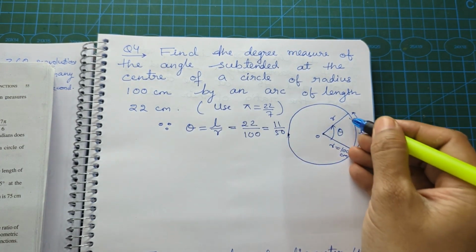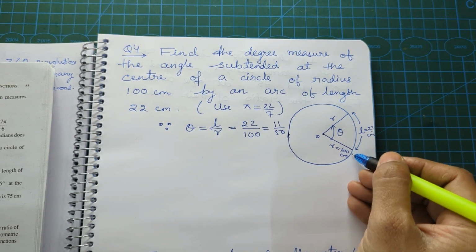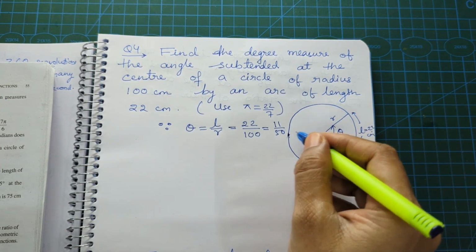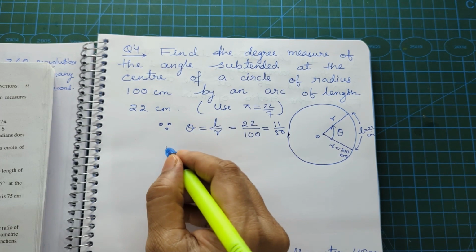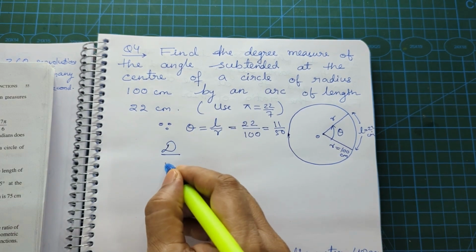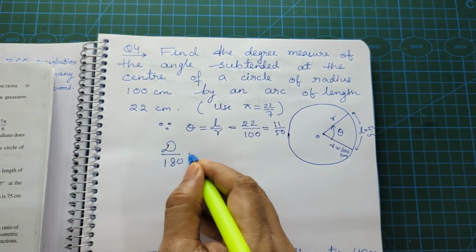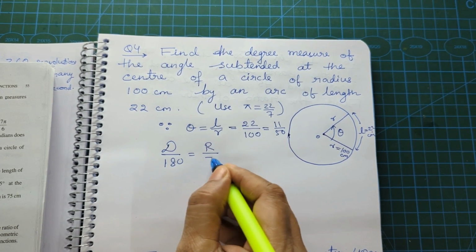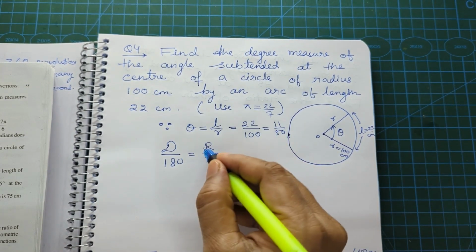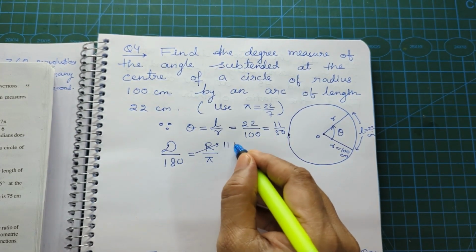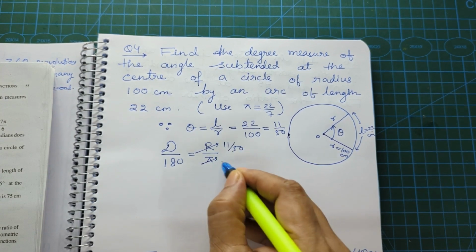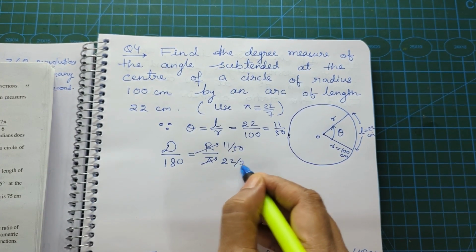The angle subtended by an arc of a circle at the center is in terms of radians. So this angle is in radians, and we have to give it as a degree measure. Since degree upon 180 is radian upon pi, and this angle is in radians, this is 11 by 50. Pi we are supposed to take as 22 by 7.